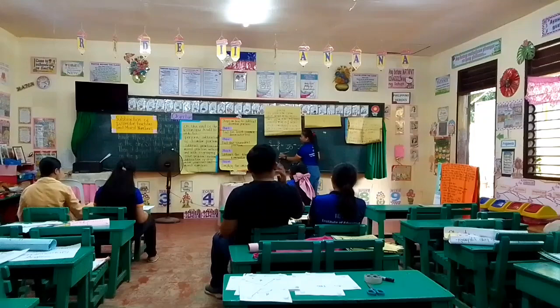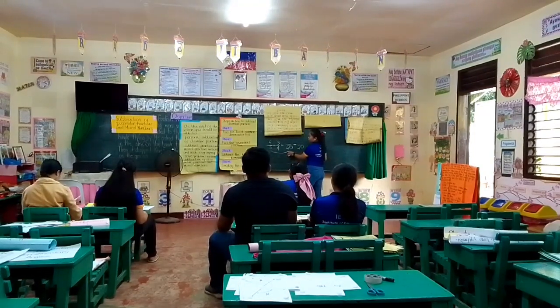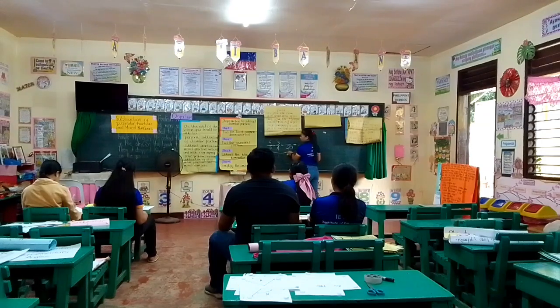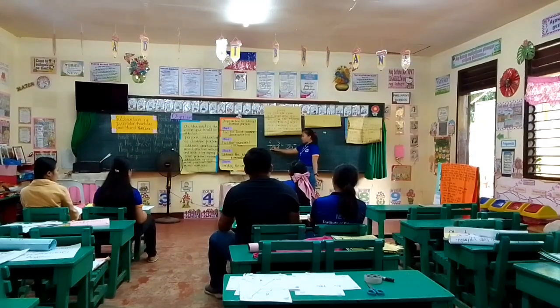So 20 divided by 5, the new denominator divided by the old denominator. So 20 divided by 5 is equal to 4.